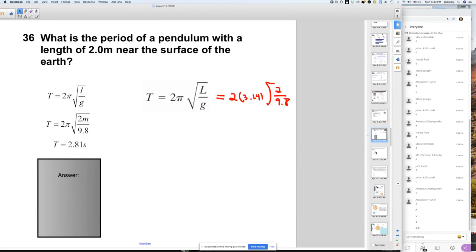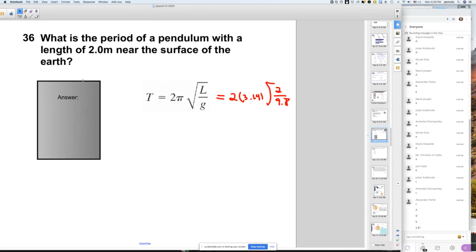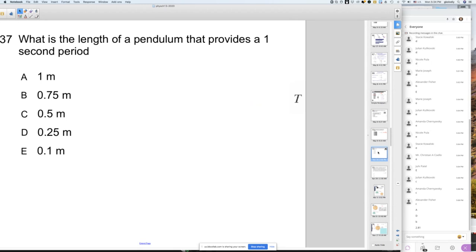Say we want to build a grandfather clock so that the period as it goes back and forth is 1 second. What length should we make it? This is one for you to try.